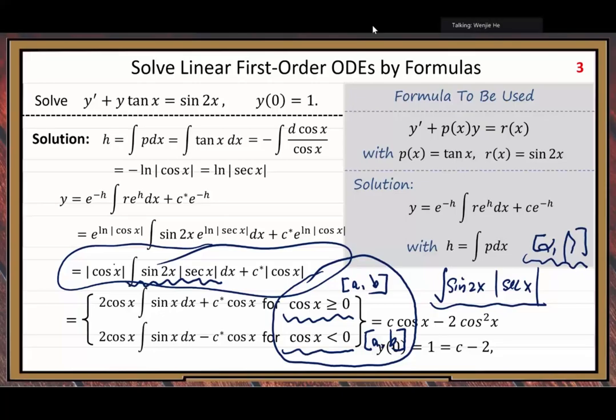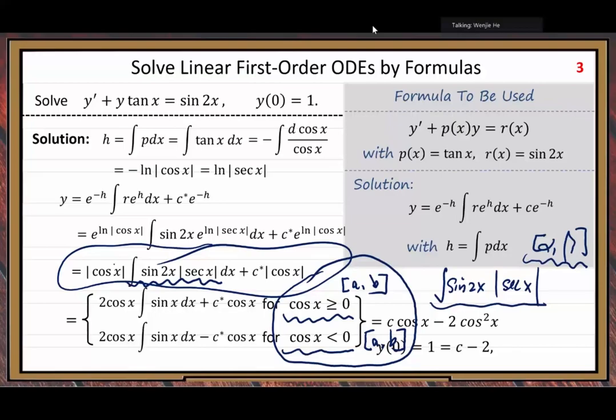For us, the simplest situation is that we work on a particular interval AB, and we know on that interval the cosine function is non-negative or negative. It's clear. So we have one of the two versions, either the first one or the second one.